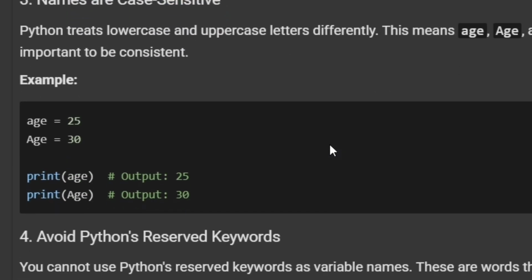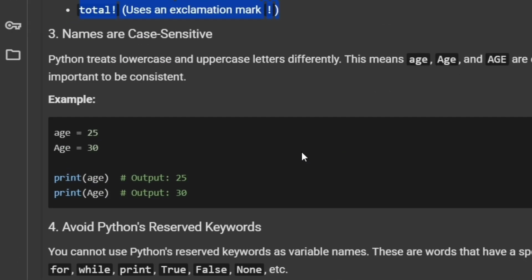And also Python is a case sensitive language, which means it considers age in lowercase, age starting with upper A and then GE, and AGE all in uppercase, as different. All three are age, but Python considers them different variables because of its case sensitive nature.